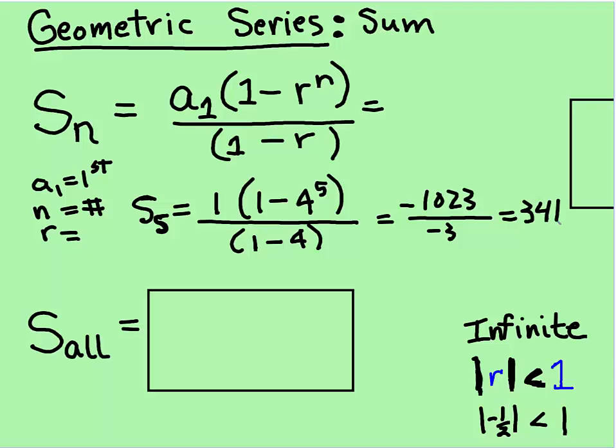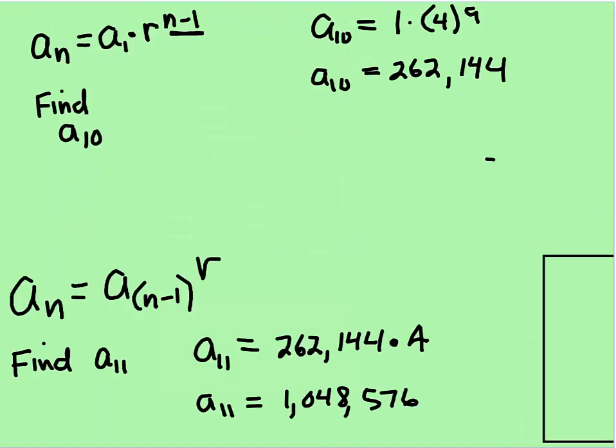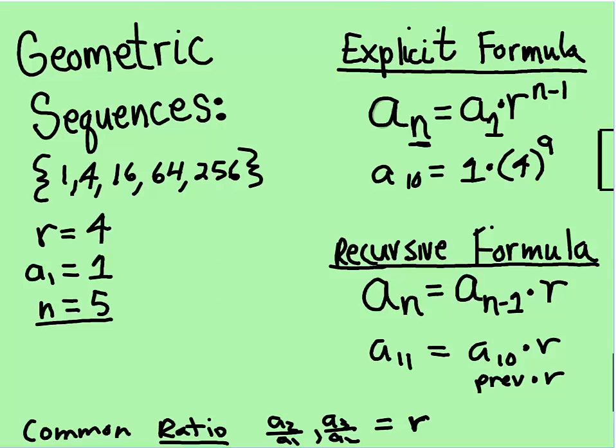341. And if you think you might have made a mistake or you're not quite sure, you could actually go back here and just add up the numbers. So 64 and 256, what do you end up with?